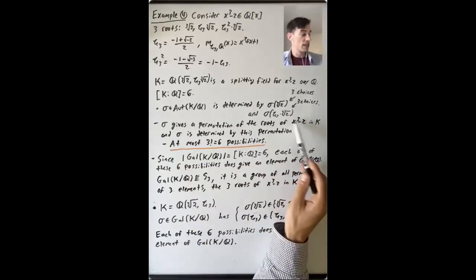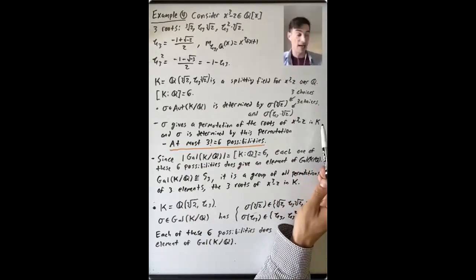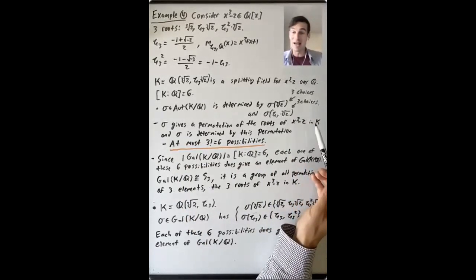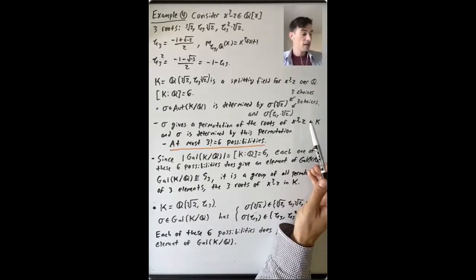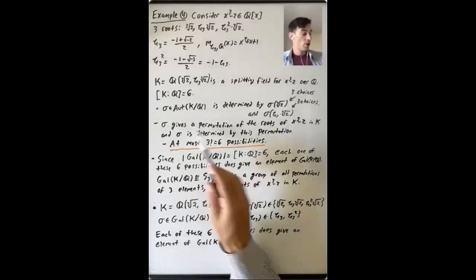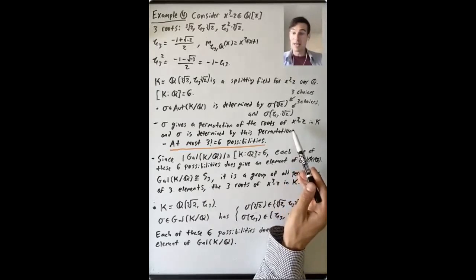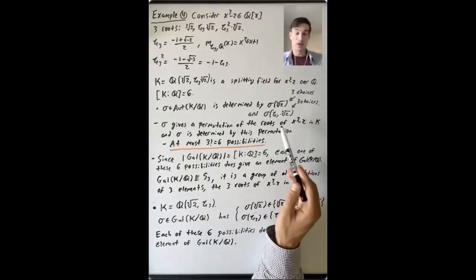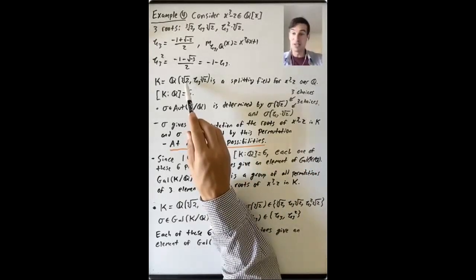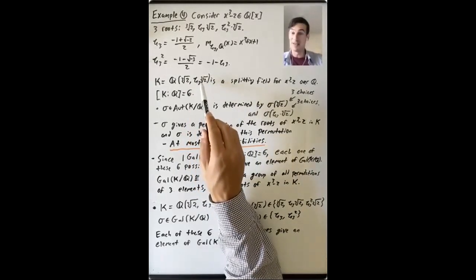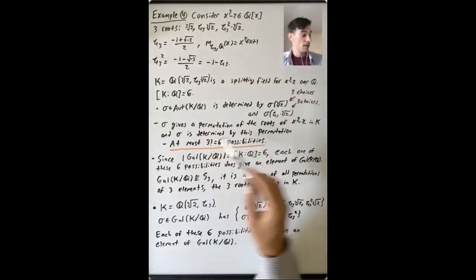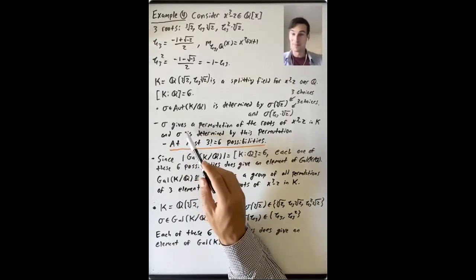OK, so it gives a permutation of the roots of x cubed minus 2 in K, a permutation of these three elements. And if I tell you which permutation of those three elements sigma gives, then that certainly says what sigma does to cube root of 2 and what sigma does to zeta 3 times cube root of 2. So we know all of sigma.